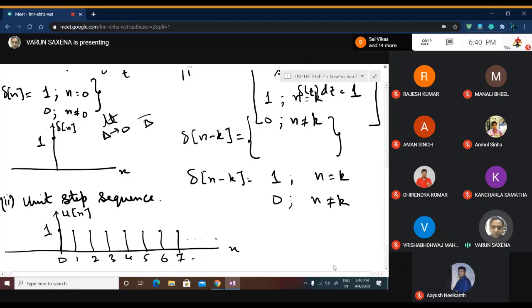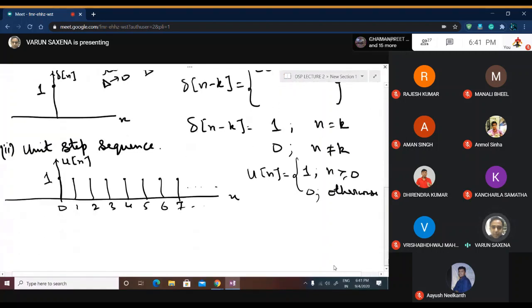The function has values at 0, at 1, at 2. In between, it is not defined. It's not 0, it is not defined. So how can we write this? This is simply equal to u n. It is 1 when n is greater than or equal to 0, and it is 0 otherwise. This is your unit step function.